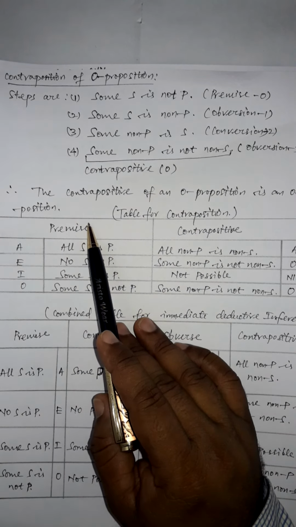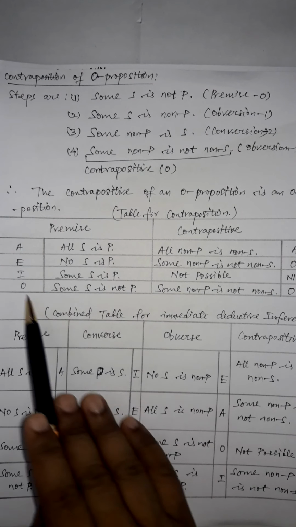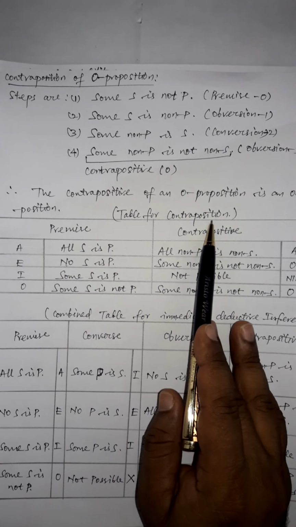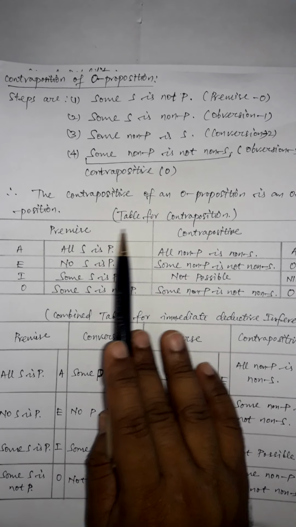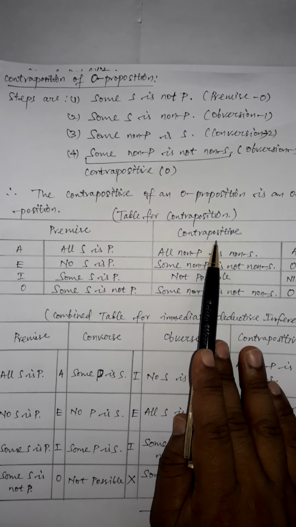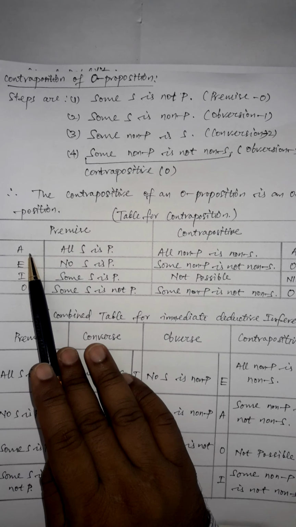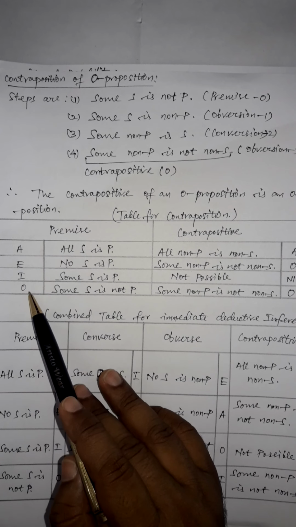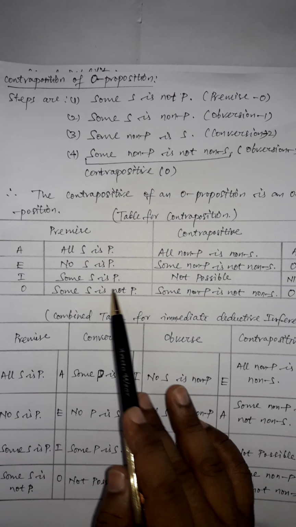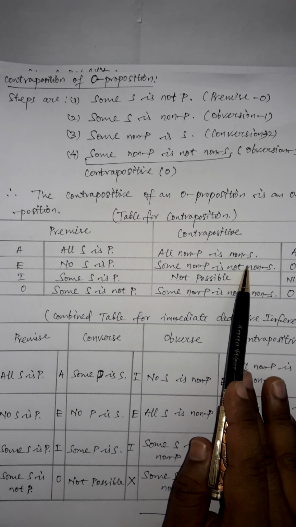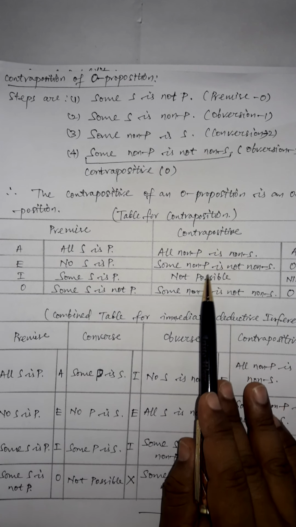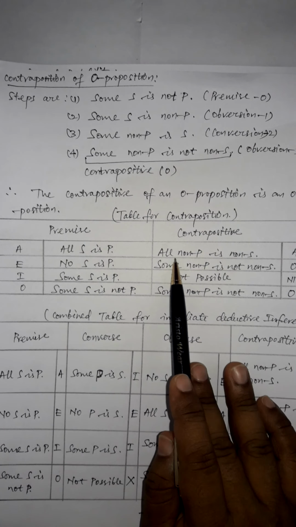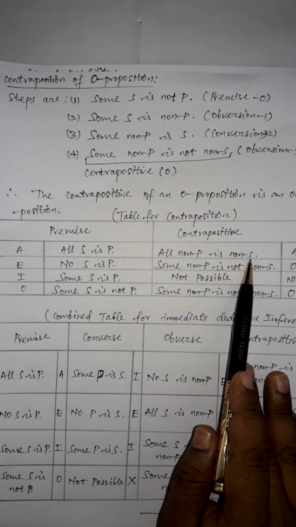Now let's discuss them in one single table so that you can remember it for a long time. Now the table of contrapositions, here we have two columns, premise column and contrapositive column. Here I have written the premises, the four basic types of propositions with their structures, and on the right side I have written the contrapositive if it is possible. You see, "All S is P" has contrapositive "All non-P is non-S".